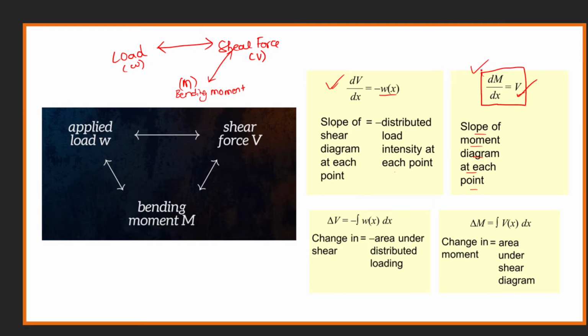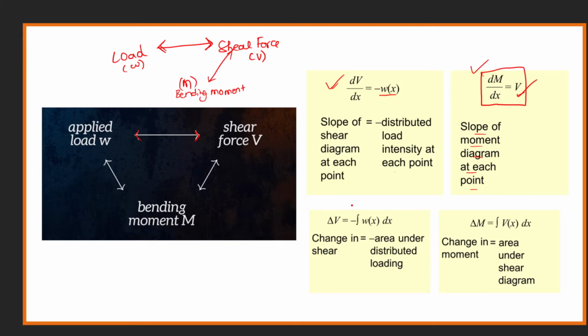I will explain this to you using other examples in the next few slides, students. As you see here, we have put two directional arrows. That means these are related in both ways.